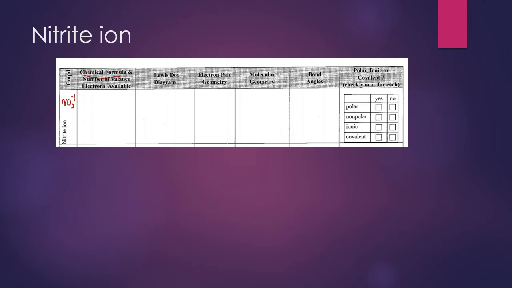Next, it wants us to calculate the number of valence electrons. And remember, to do that, it's easiest to make a list of the elements present, so nitrogen and oxygen, and write how many of each. So we have 1 nitrogen and 2 oxygens. I know that from the chemical formula. And then look up their valence electrons according to where these elements are on the periodic table. So nitrogen's in group 15, so it has 5.